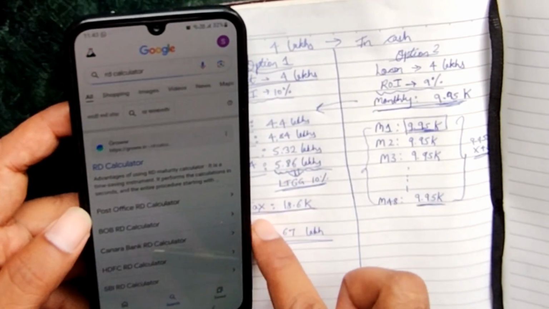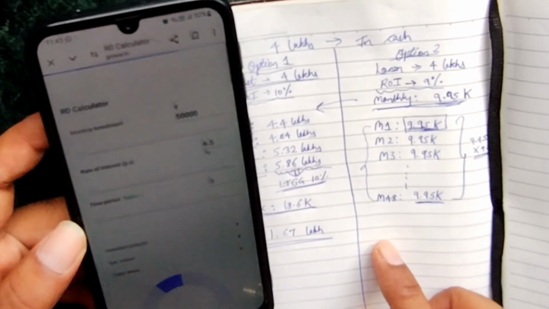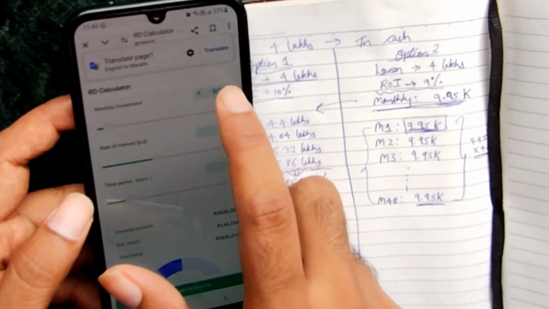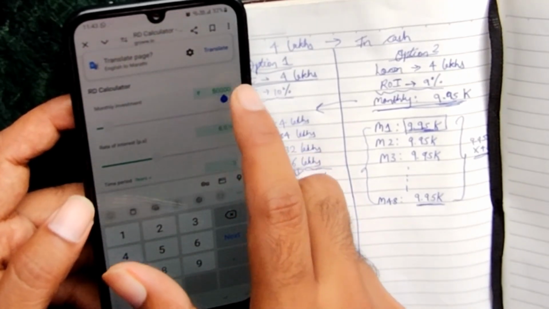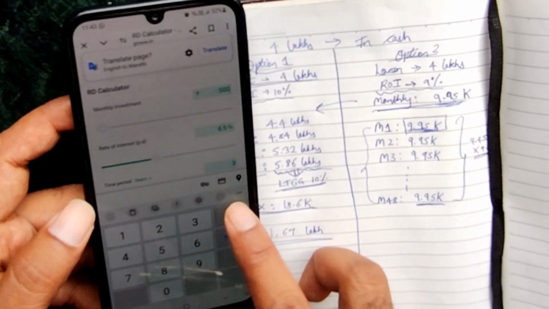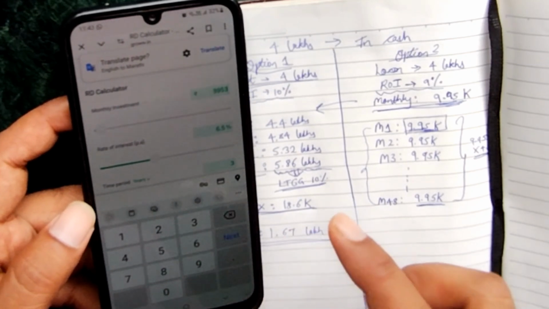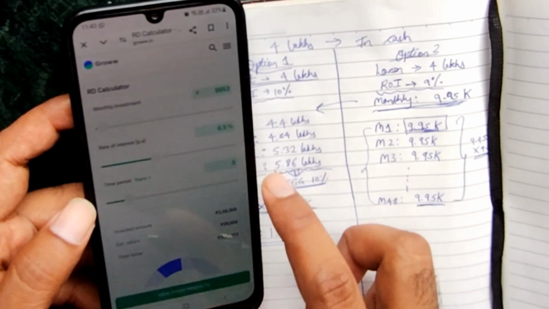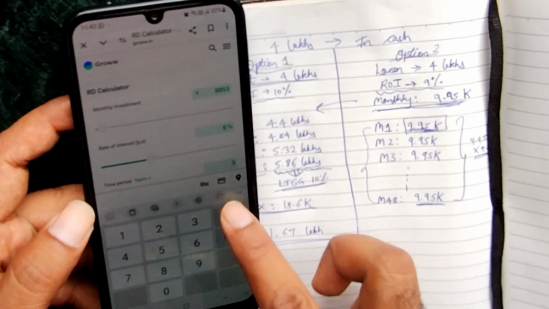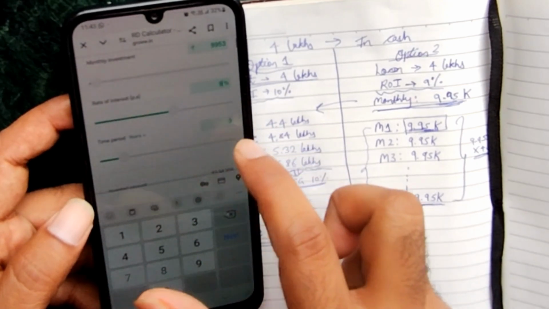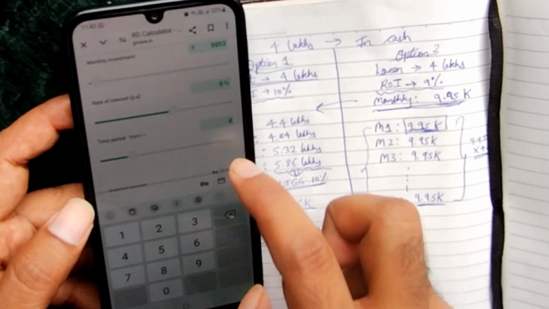So let's see an RD calculator. Any RD calculator you can take. Your monthly investment here is 9953, I think it was 9953. Rate of interest I'll take as 9% and tenure as 4 years.